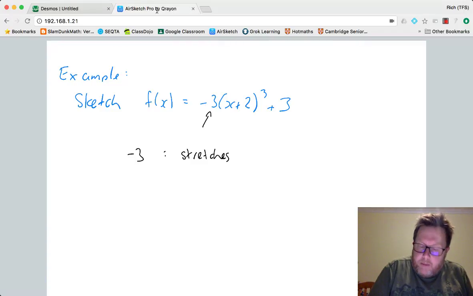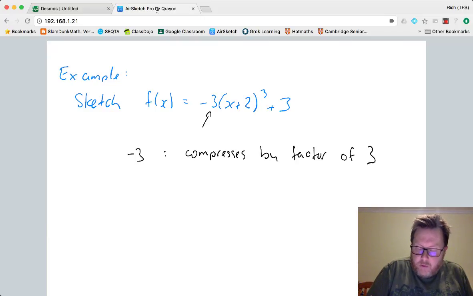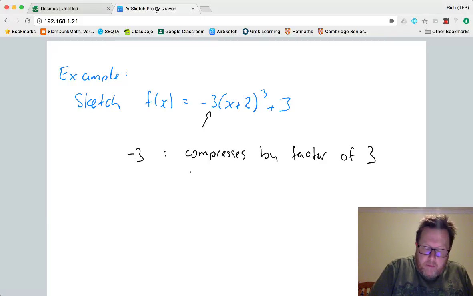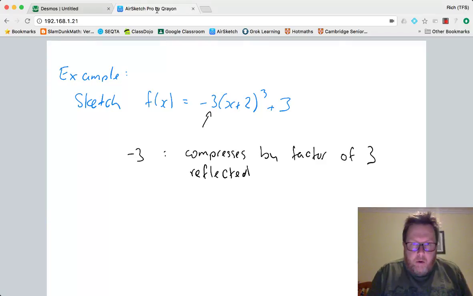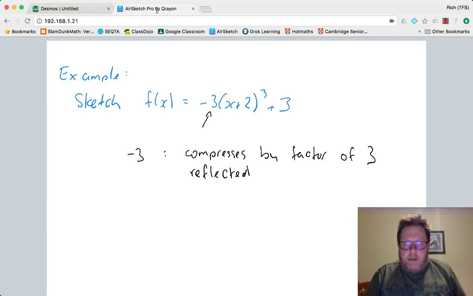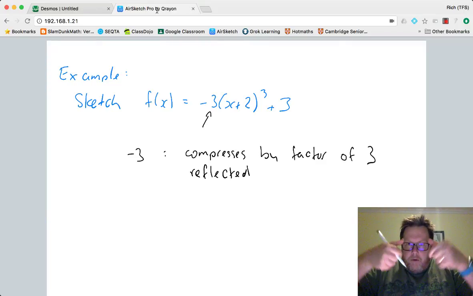No, it compresses, doesn't it? Let's get it right, Richard. It compresses the graph by a factor of 3. And I should say towards the y-axis, but I'm just not going to for time's sake. And the negative means that it is reflected. And I'm not going to write about the x-axis. Okay, so it's compressed and reflected.